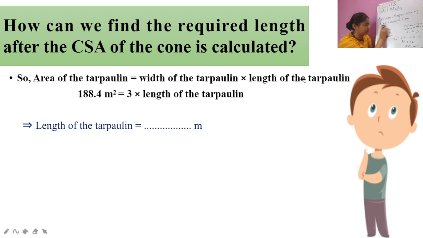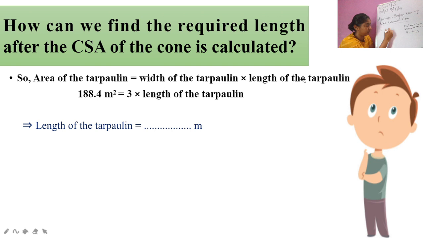So we know the curved surface area, and the area is 3 meter into its length, so we will divide on the one side. So the length we will get, you must divide it. So do you get the answer as 6.24?